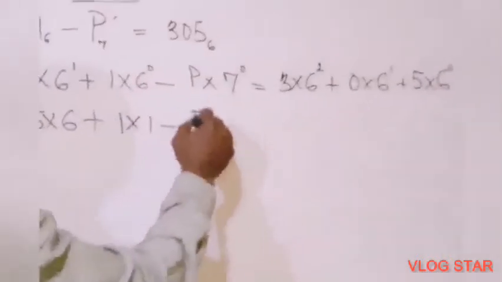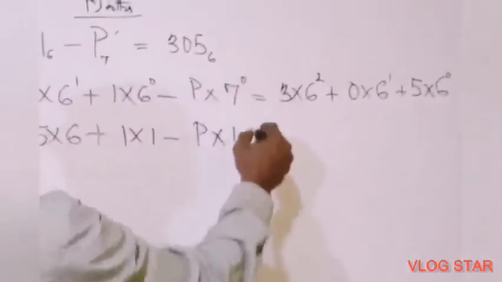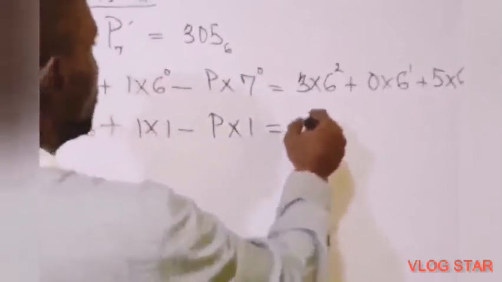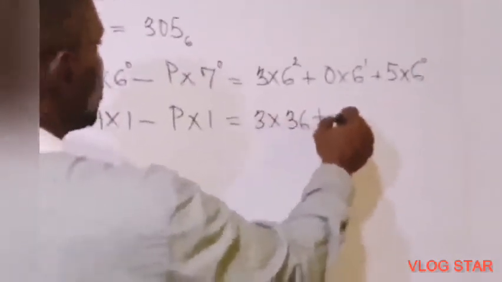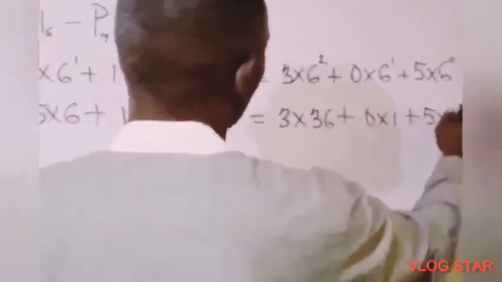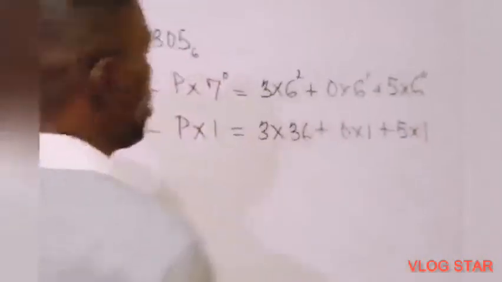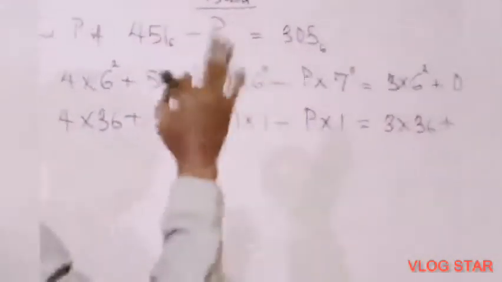Minus P, in this case we still have 1 here because it is power 0 here, equals 3 times 36 plus 0 times 1 plus 5 times 1. This is also 6 to the power 0. Any quantity to the power 0 by law of indices is 1.